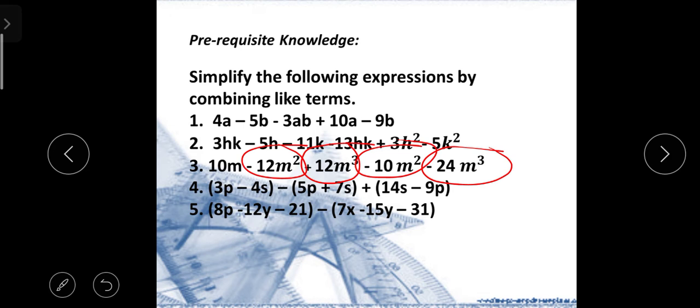Positive 12m cubed minus 24m cubed. Negative 24 minus 12. Negative 12m cubed. Negative 12m squared minus 10m squared. So, pareho siyang negative. So, that is add. Pero negative ang sign.